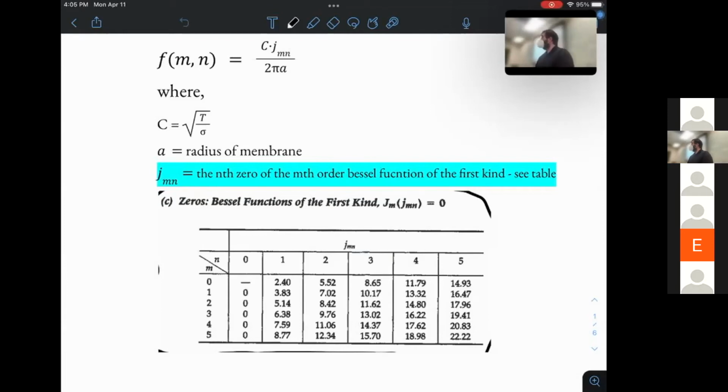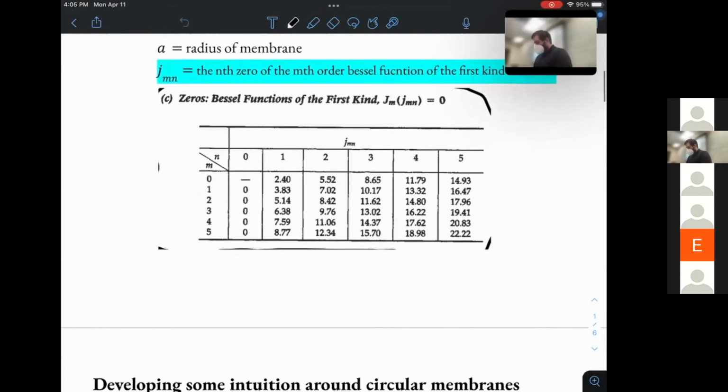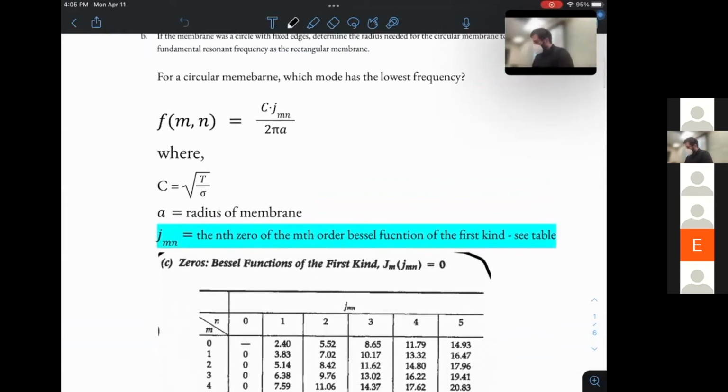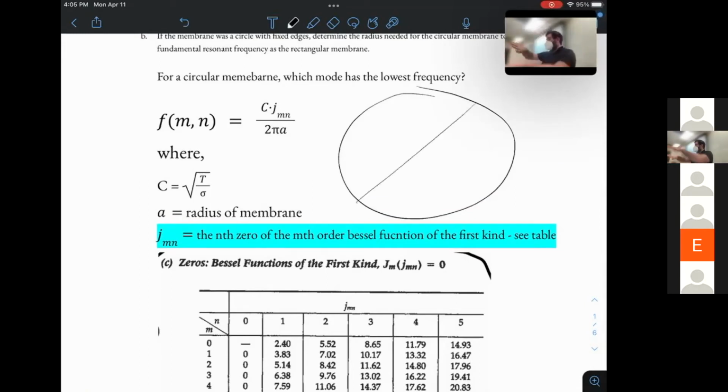Physically, right? Because remember, and I'll try to pull up this MATLAB in a second, we have two things going on here. We have these radial nodal lines, right? Like this, where 1/2 of it is going up and the other half is going down, right?